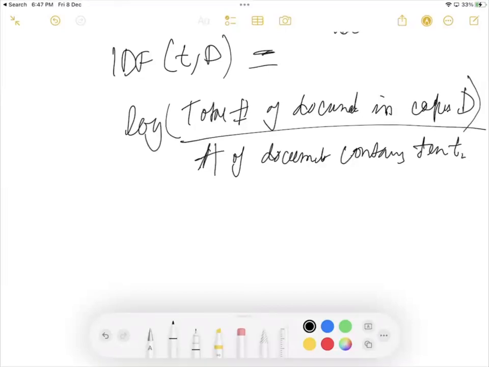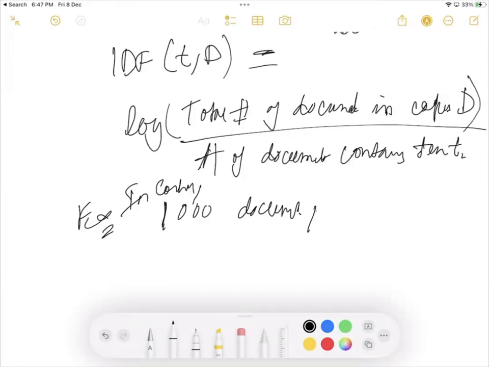For example, in the corpus I have 1000 documents.